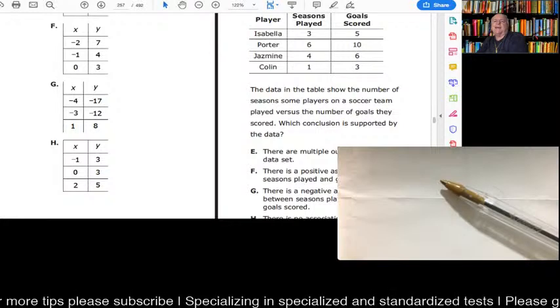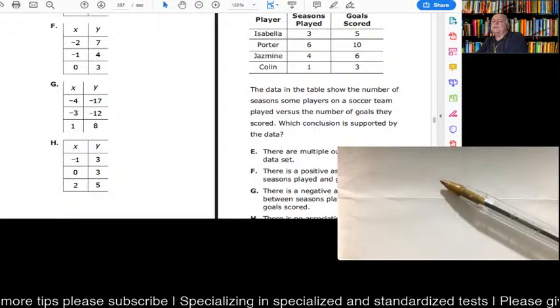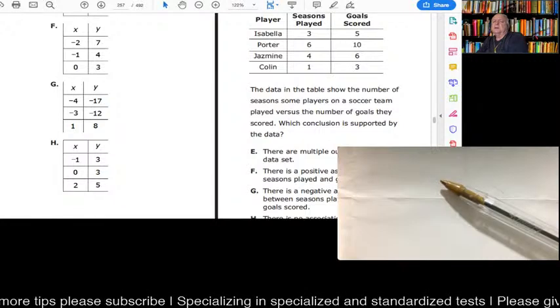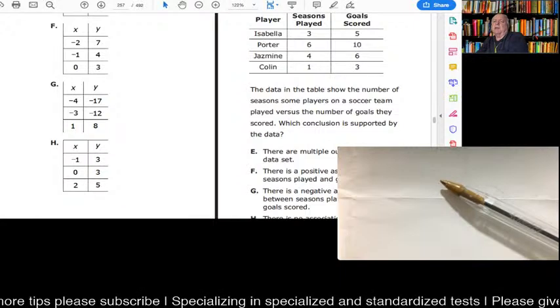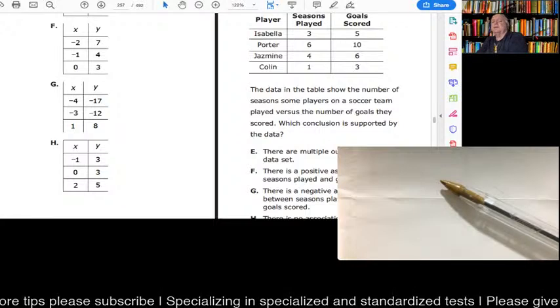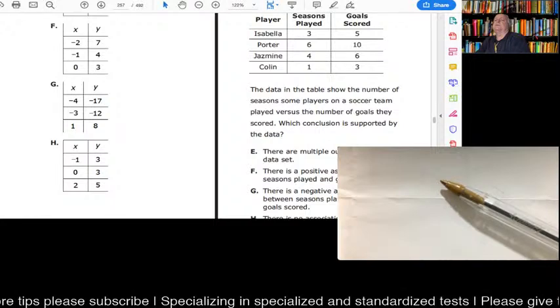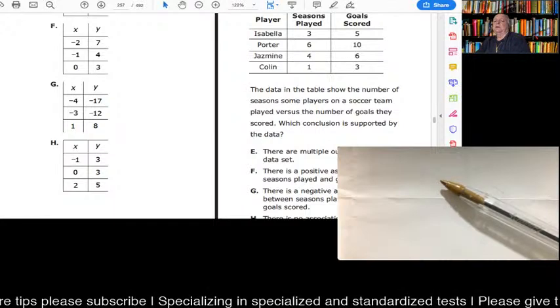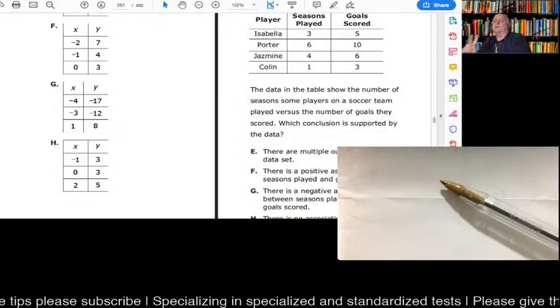The 10 is kind of out there, but it's not out there to the extreme of being esoteric. So if any number is out there, it would be the 10. So that might be an outlier. We're going to have to look, but I doubt it. It just says no. So that's number 1. Number 2 says there are multiple outliers. So if there's any outlier, it would be Porter. Just 1. There wouldn't be 2 of them.